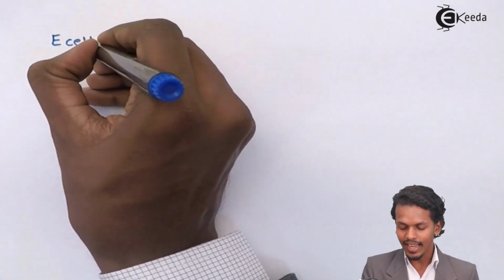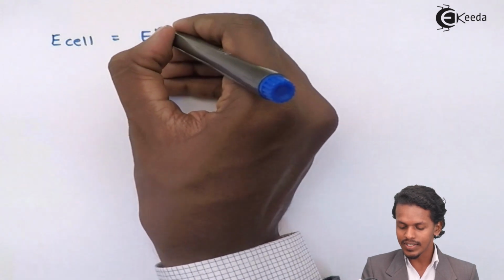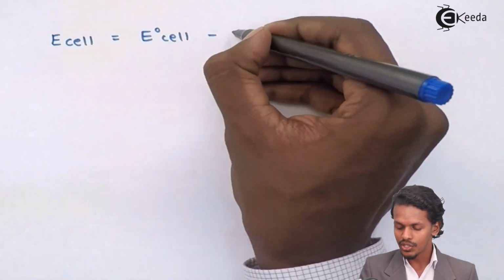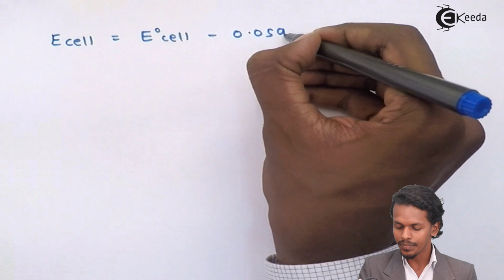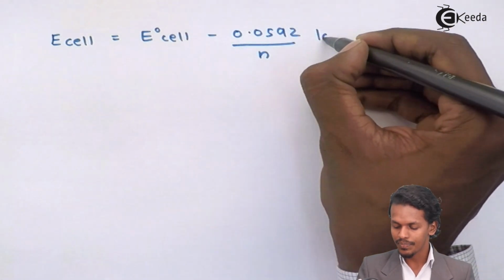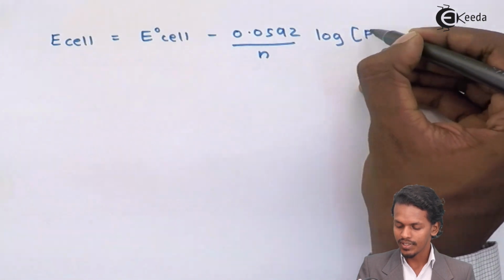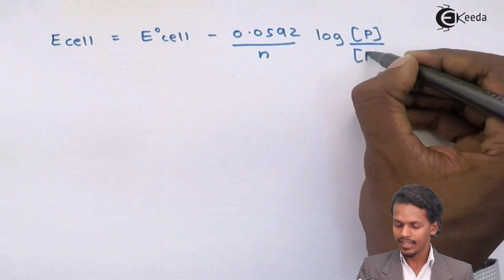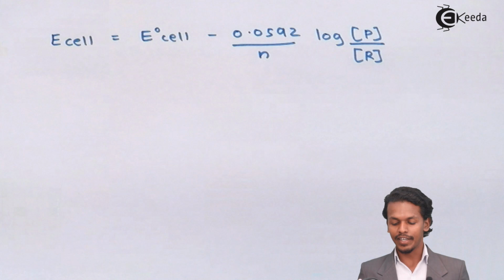So E cell has a formula of E naught cell minus 0.0592 divided by n, log to the base 10 of product divided by the reactant.